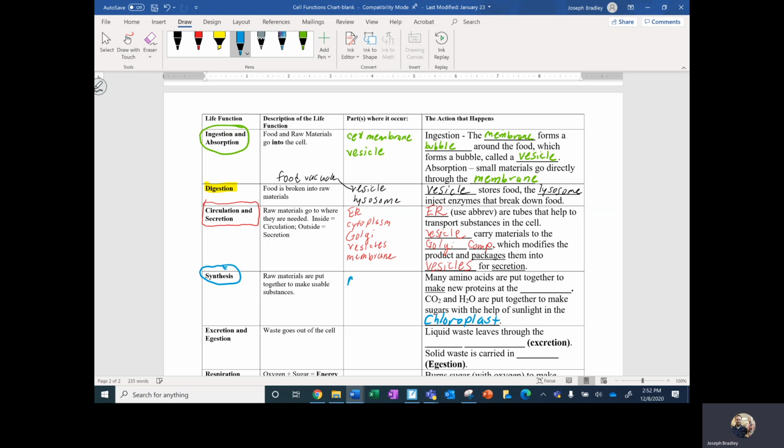So we have the ribosome, the chloroplast. And then there's also the nucleolus, which builds the ribosomes. So many amino acids are put together to make new proteins at the ribosomes.